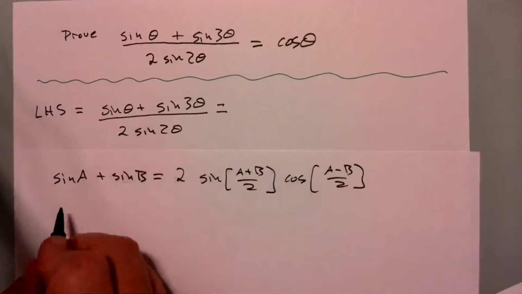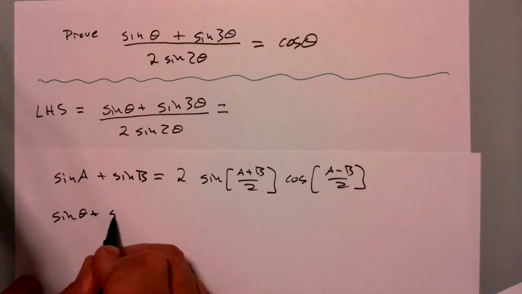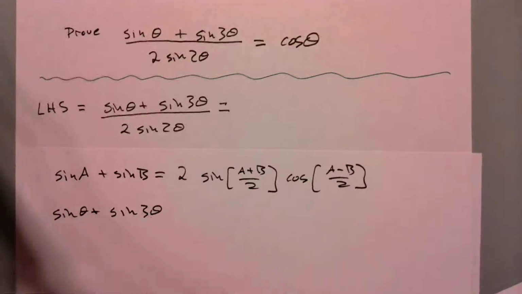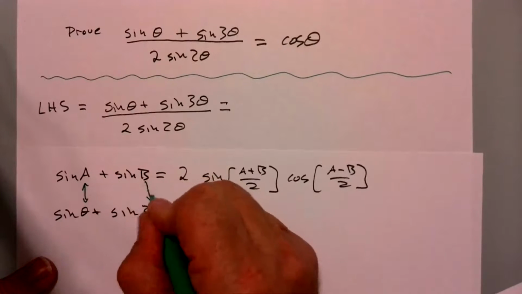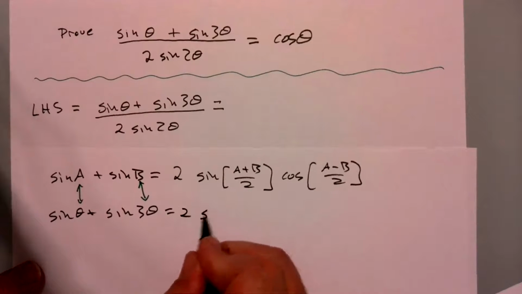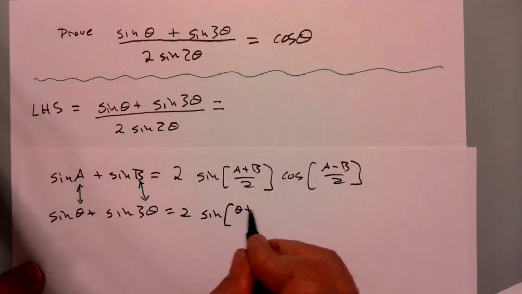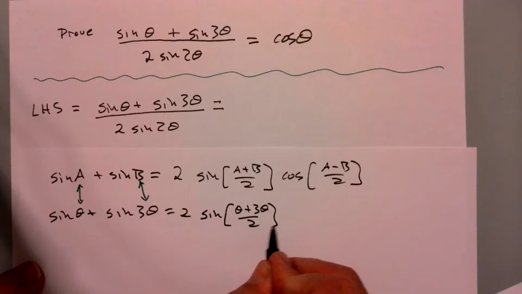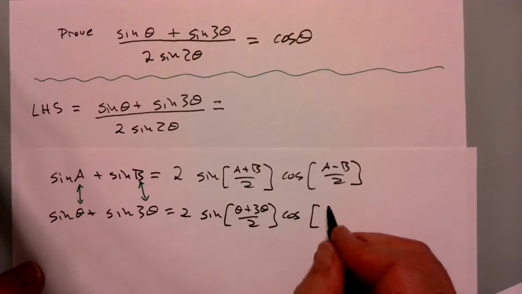And you can see in my problem I need sine theta plus sine 3 theta. So according to that, A is theta and B is 3 theta. What will that give me? Equals 2 sine A plus B over 2, theta plus 3 theta over 2, cosine A minus B over 2, theta minus 3 theta over 2.